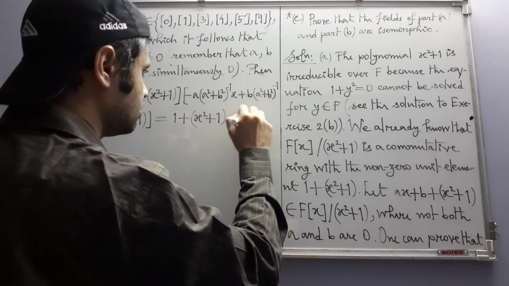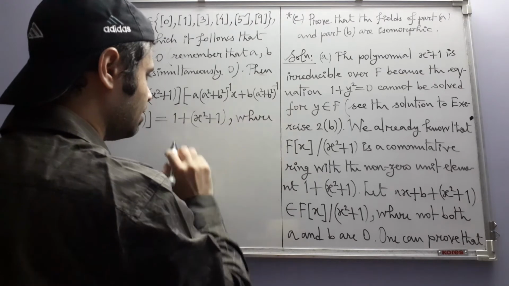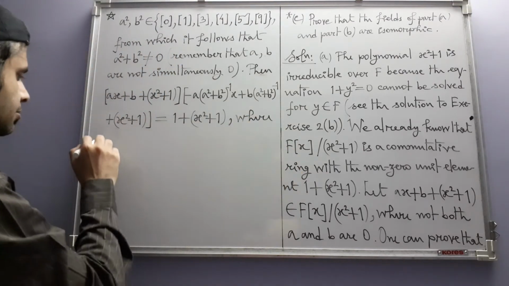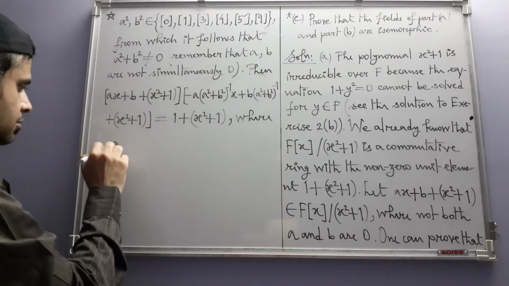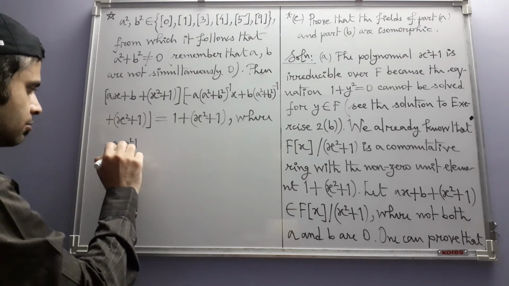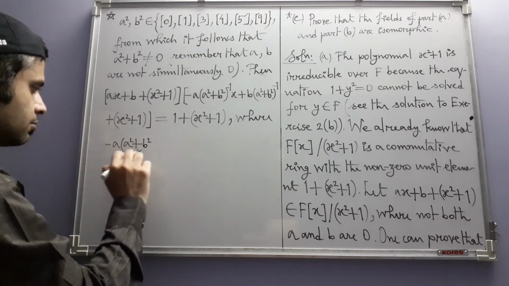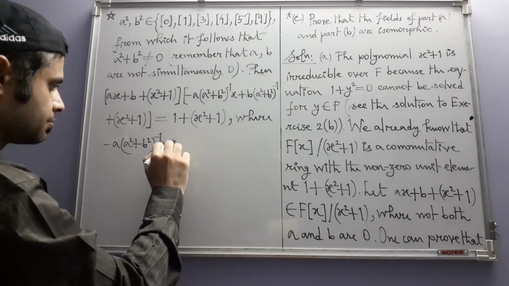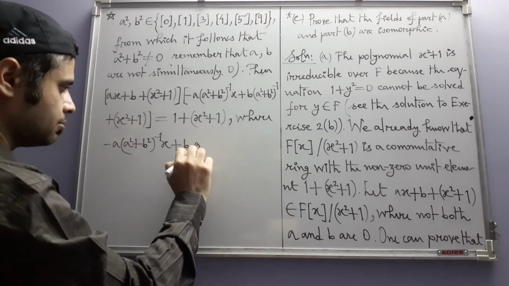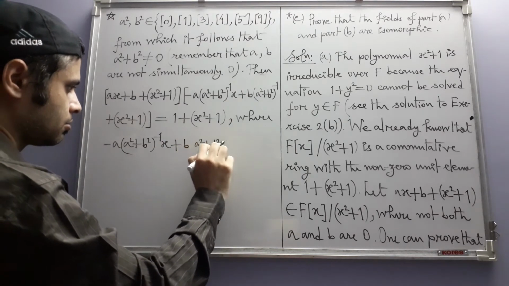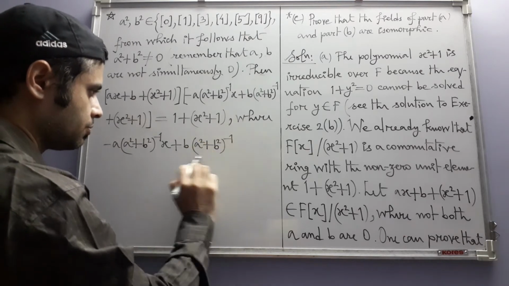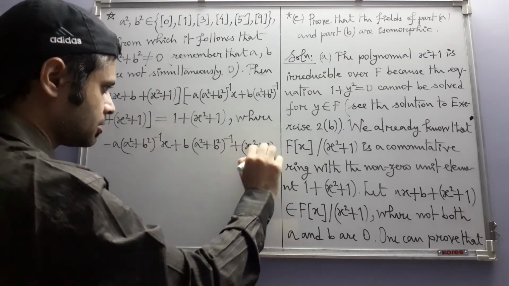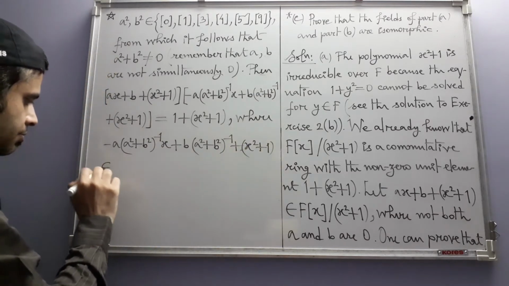where in fact we emphasize the fact that this indeed belongs to this ring, where minus a times the inverse of a square plus b square times x plus b times the inverse, plus the ideal x square plus 1.